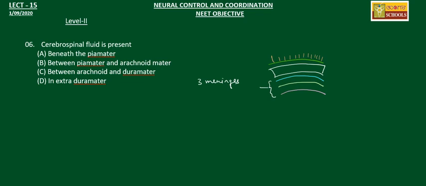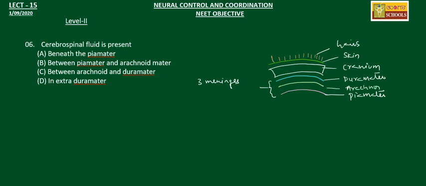So here the one which is very close to the cranium, so this is cranium, skin, and these are all hairs. Then below the cranium, this outermost meninx is called dura mater, and the innermost one is called pia mater, and in between this is arachnoid matter.